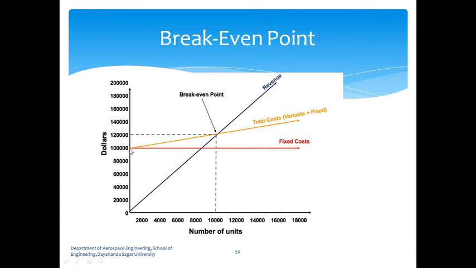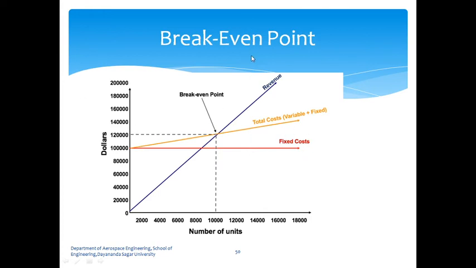And let us take this as the total cost. Total cost is fixed cost plus variable cost. So even without any production, not even one unit, the fixed cost will be there. So it starts with the fixed cost and slowly picks up. And the difference between these two is the variable cost.